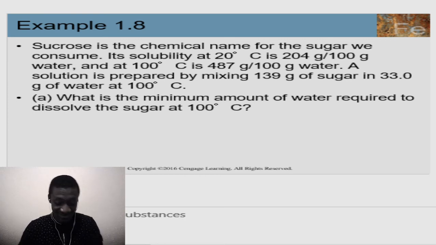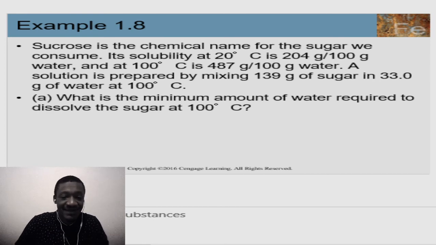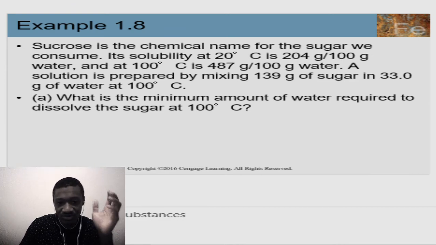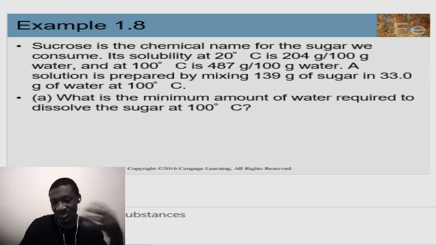So we have an example to explain, and sugar is the example that we use for this. Please pay attention to this question, because if you are not following, it gets confusing, because you have temperature mixed with mass and amount. So sucrose is the chemical name for the sugar we consume. There's sucrose, there's glucose, there's fructose, which is your natural sugar that you find in fruits.